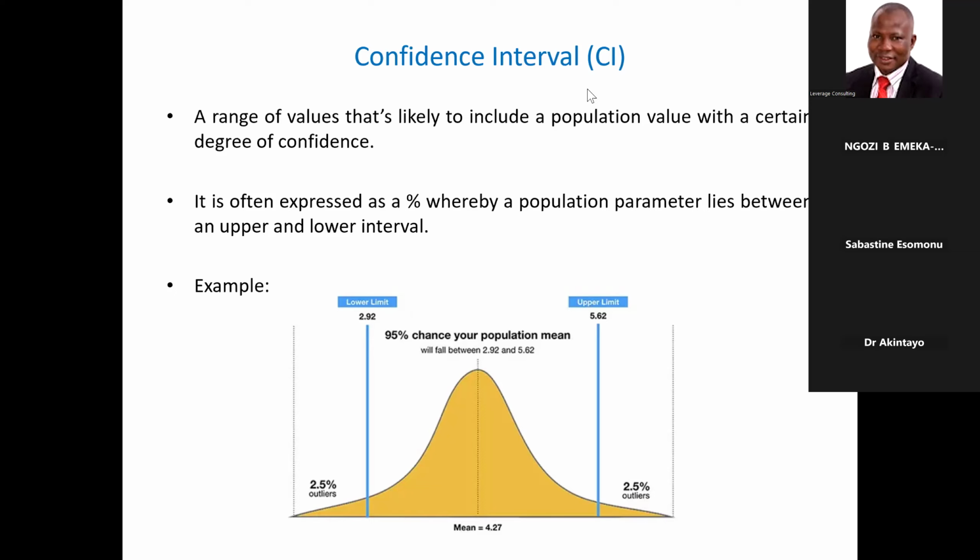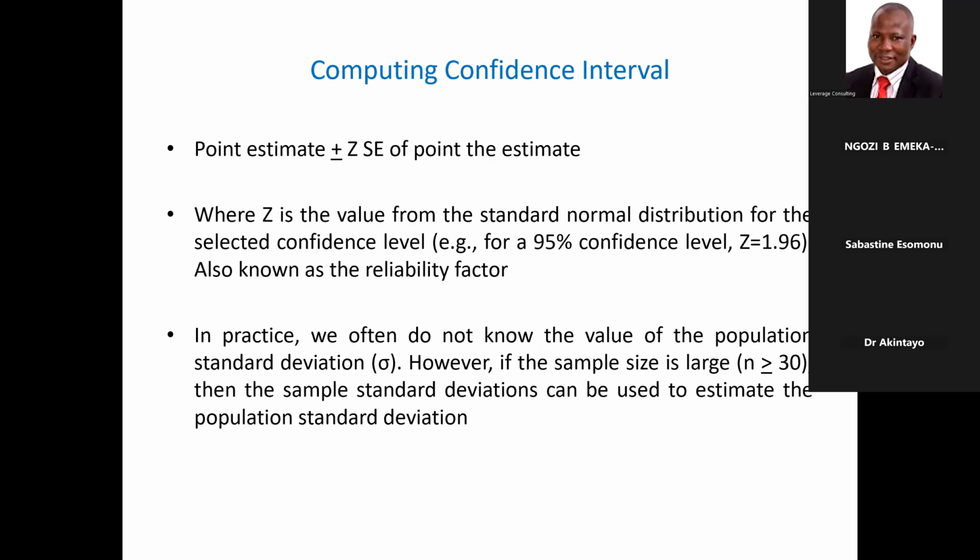Less than the lower limit, we have 2.5%. Higher than the upper limit, we have 2.5%. It's a clue to how we calculate our confidence interval. So this example is a 95% confidence interval, in the sense that the level of assurance you have here is 95%.